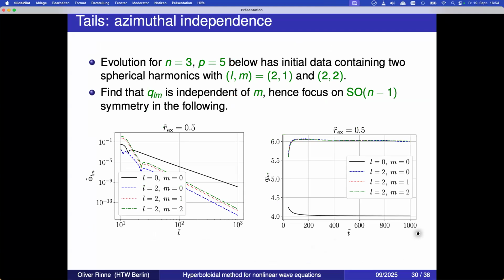Next question you might ask is, in 3 dimensions without symmetries, what is actually the dependence on this M? And it turns out that there is no dependence on M as far as I can tell.